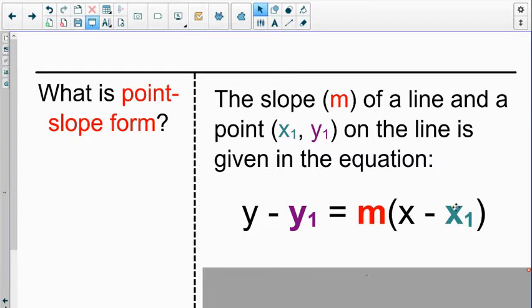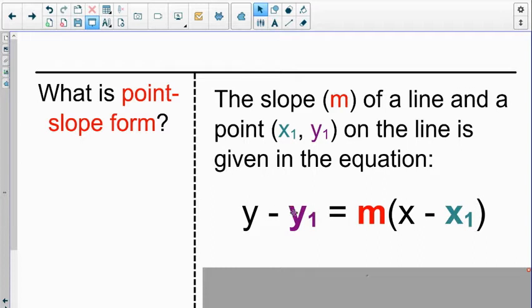And x sub 1 is going to be a number. It might be x minus 5 in the parentheses. It might be x minus negative 3 in the parentheses. It could even be something like x minus 0 in the parentheses. We'll talk about how to simplify that and what that will look like today. But just notice that x sub 1 could be a positive number, a negative number, or even 0.